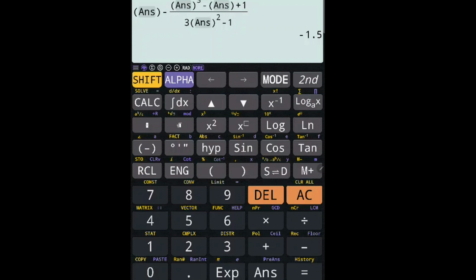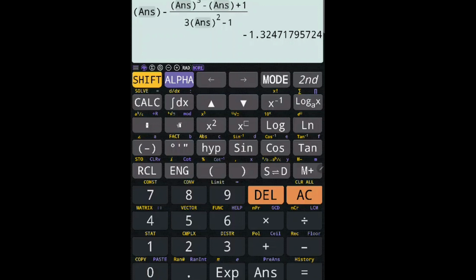Please write that down. And then if I press equals again, I get that my next answer is -1.347826. Please ensure that you are pressing all of those solutions at all times. So that's what my next x2 will be. And then you go on, get your x3, get your x4, get your x5.